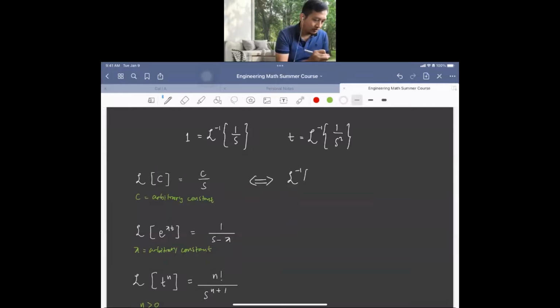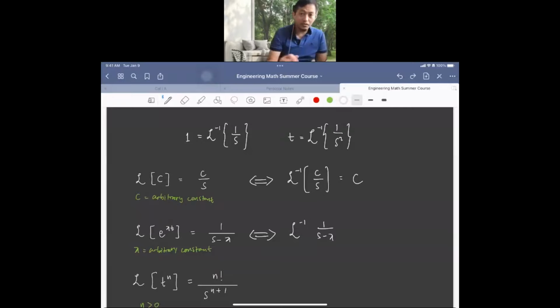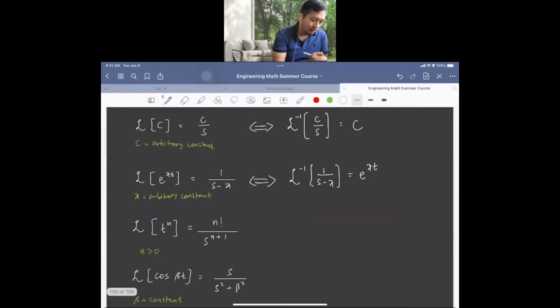Laplace inverse of C over s becomes just C. Laplace inverse of 1 over s minus lambda. In your textbook I noticed usually a different kind of bracket is used, but for me that's still okay, as long as you have a Laplace and something inside, you get the brackets. This will equal e to the lambda t.